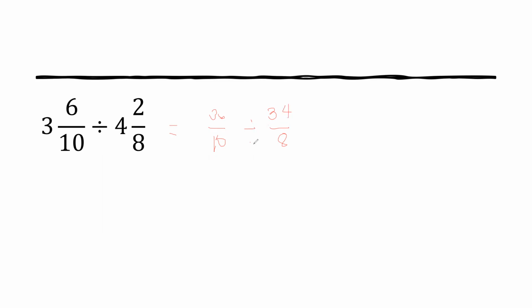Okay? Since na-change na natin siya, proceed tayo ngayon sa ginagawa natin. That's 36 over 10 divided by, that will be now multiplication. So times 8 over 34. Babalik rin natin.